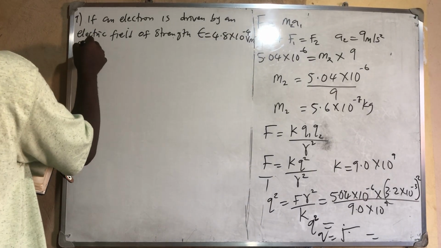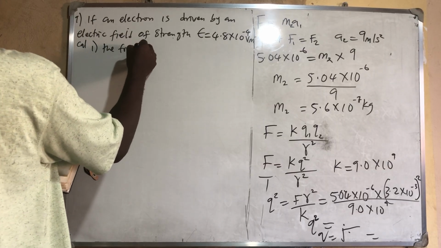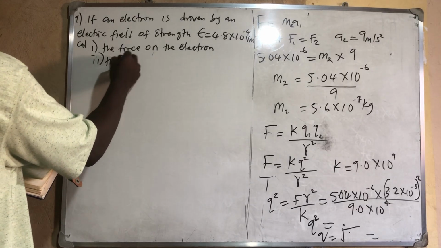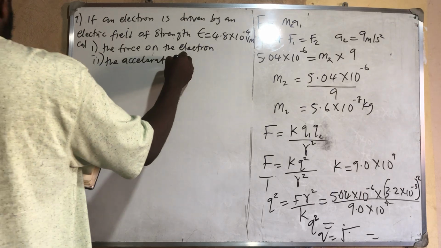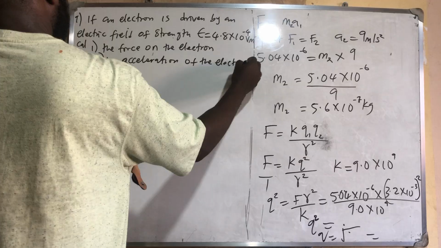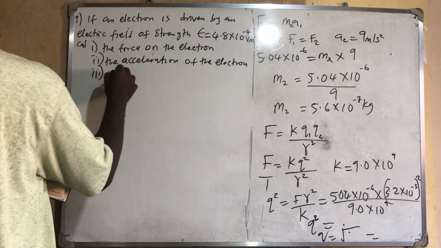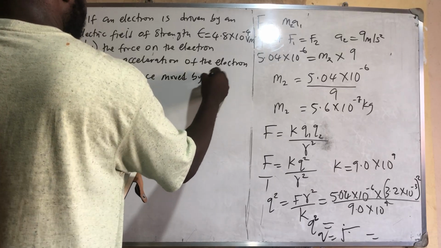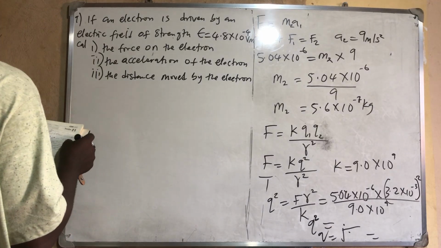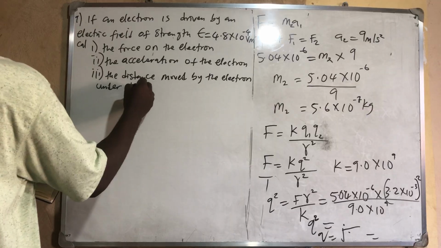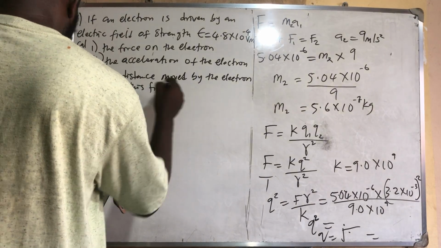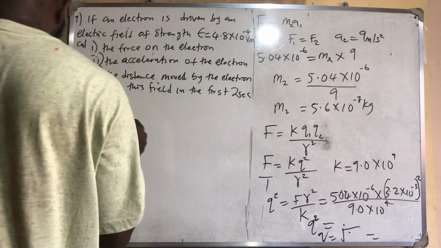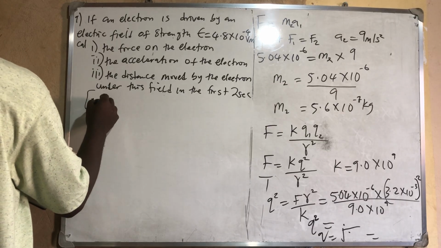They now say calculate (i) the force on the electron, (ii) the acceleration of the electron, (iii) the distance moved by the electron under this field in the first 2 seconds.